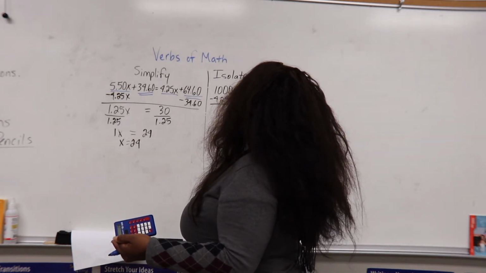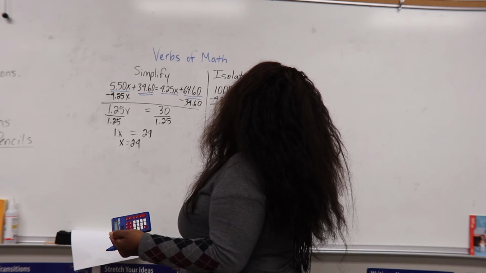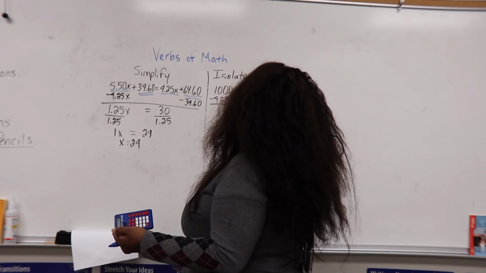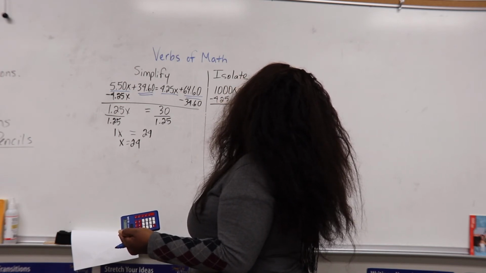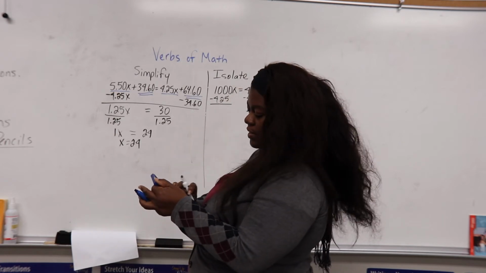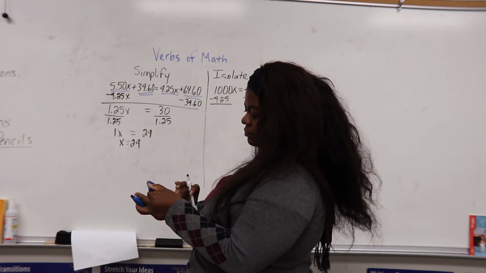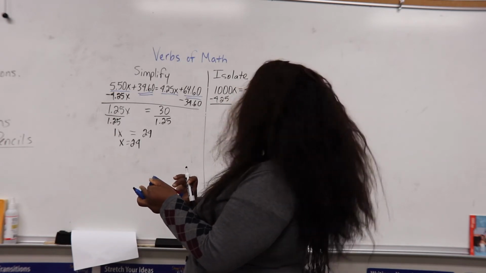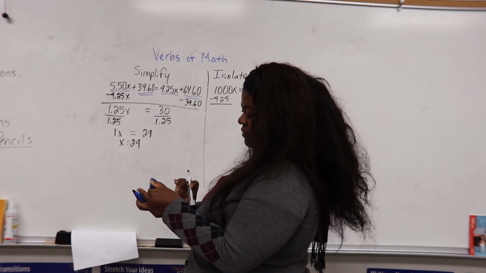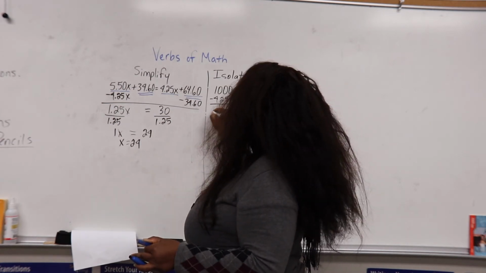That's going to become a 1. And so 1000 minus 425 is 575.